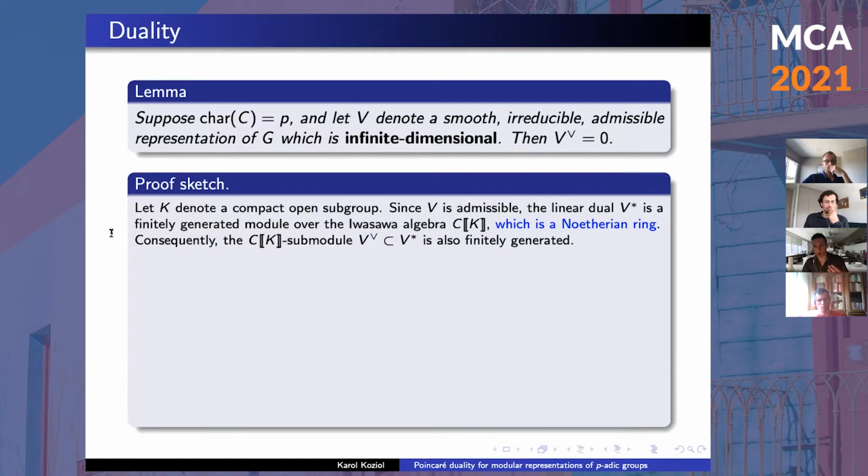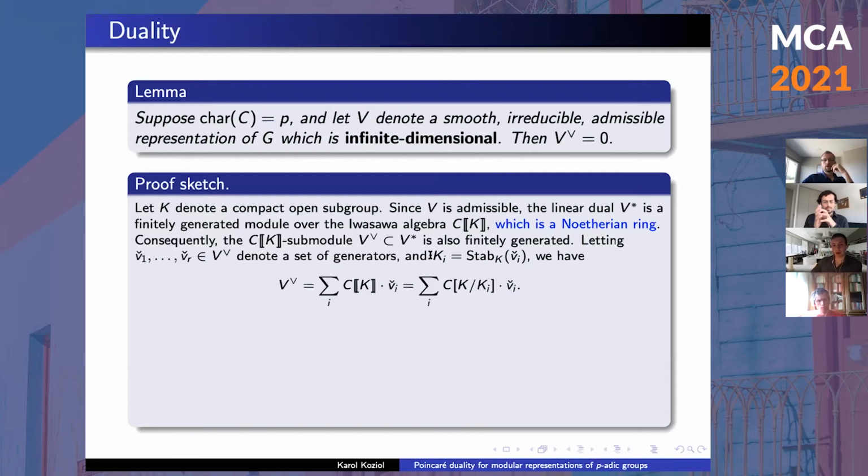This is a characterization of being a Noetherian ring: any submodule of a finitely generated module is itself finitely generated. And so if we pick a set of generators and let Ki denote their stabilizers, by smoothness, these are going to be open subgroups.